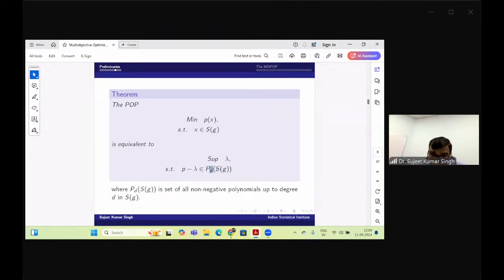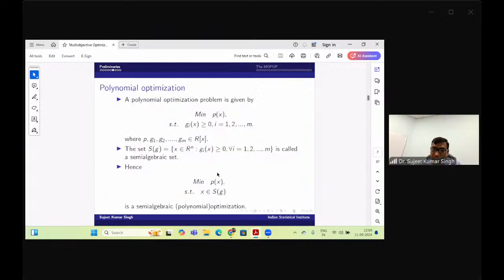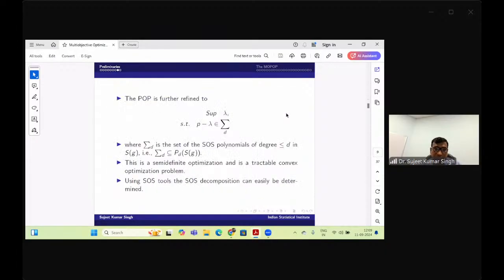Now we already know from the beginning discussion that if any polynomial is a sum of squares, then necessarily it will be a non-negative polynomial. So this semi-algebraic optimization problem is further refined to another polynomial optimization problem: maximize the parameter lambda such that p minus lambda is in this set.